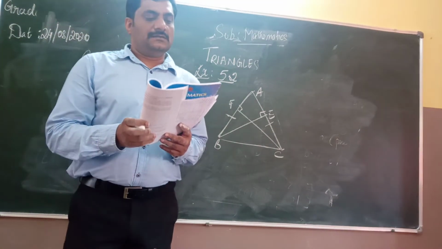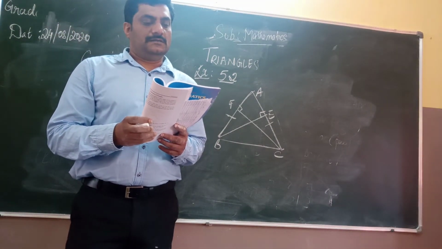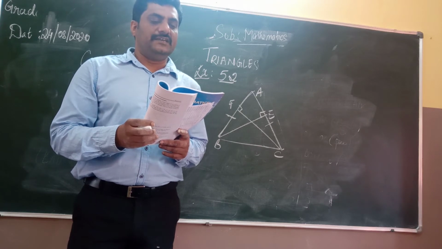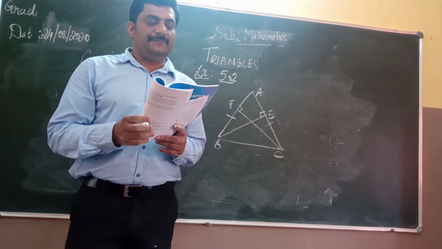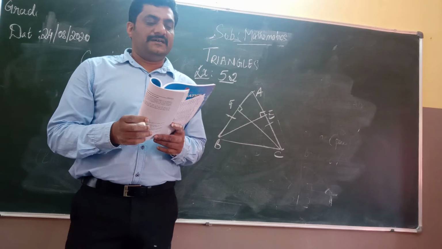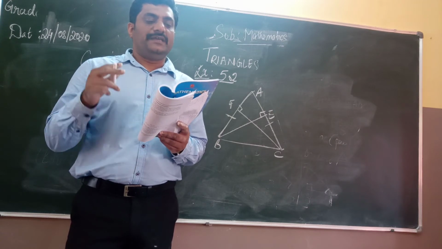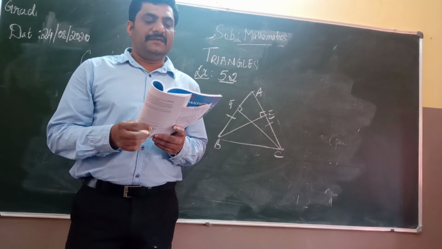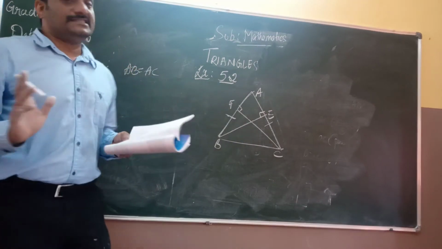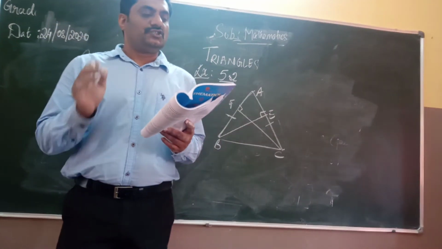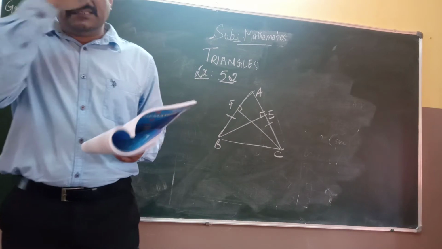Next one. ABC is an isosceles triangle in which altitudes BE and CF are drawn to equal sides AC and AB. See, they have already mentioned equal sides, which are AC and AB. Show that these altitudes are equal.